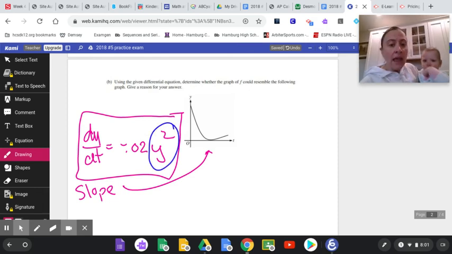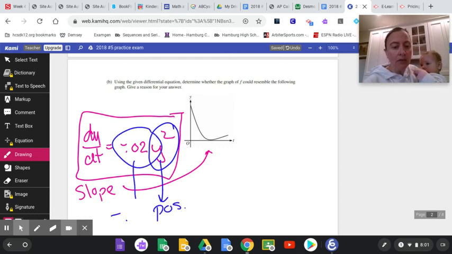And whatever I do to that y value, I'm going to square. So if I take that y value and square it, this is always going to become positive. And then I'm always multiplying by a negative 0.02. So a negative 0.02 times a positive should always be negative.